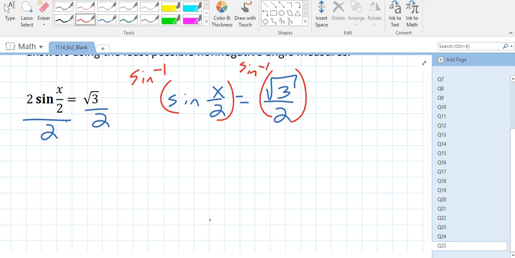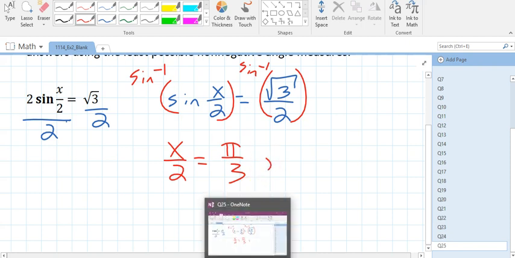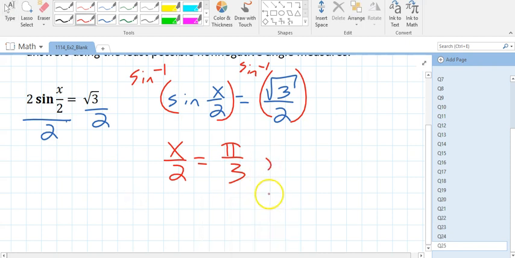Yes. So that means we can definitely do this. So that means we have x over 2 equal to, when is sine the square root of 3 over 2? Pi over 3. What's the other guy? 2 pi over 3.